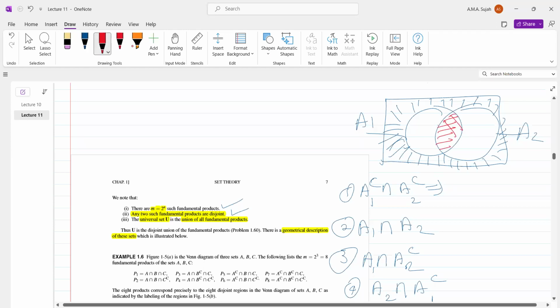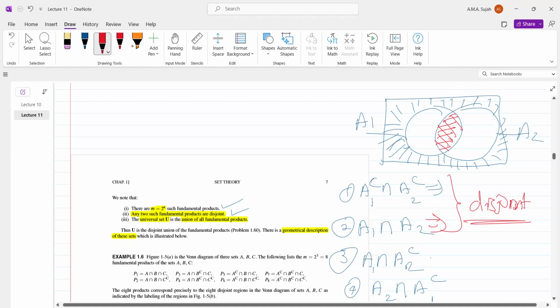Now tell me, is there any common element between this blue colored area and this red colored area? No. So these two are disjoint. Similarly, each and every portion is internally disjoint.